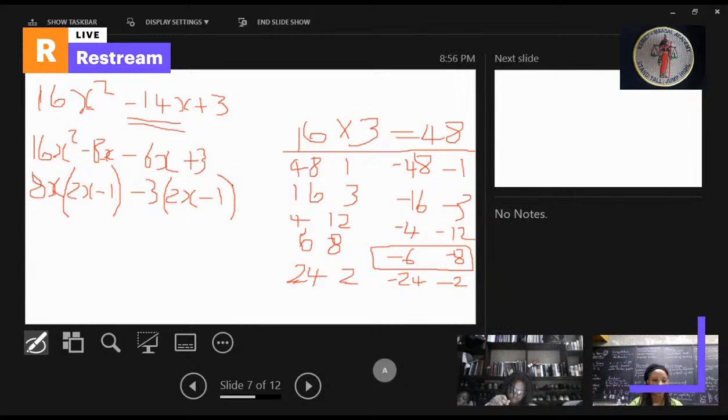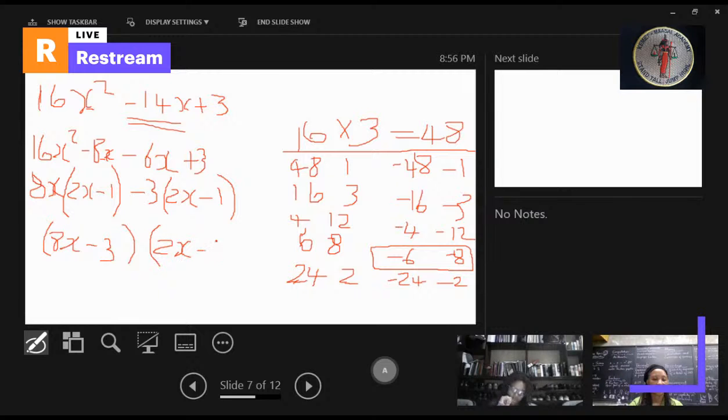We have 2x minus 1 in the first bracket and 2x minus 1 in the second one, so we're good to go. Then you write back the 8x minus 3 and the 2x minus 1.